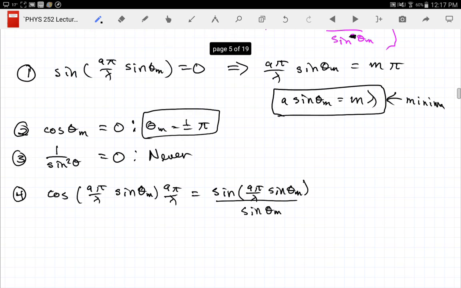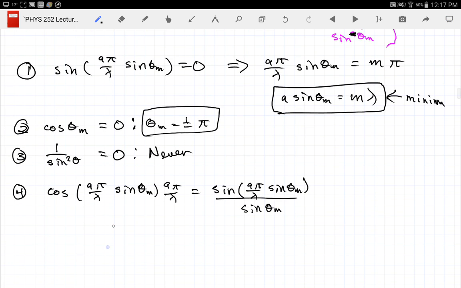For this, what you would do is bring the cosine over and then the sine theta m up. So we have a pi over lambda sine theta m is equal to tangent of a pi sine theta m over lambda.